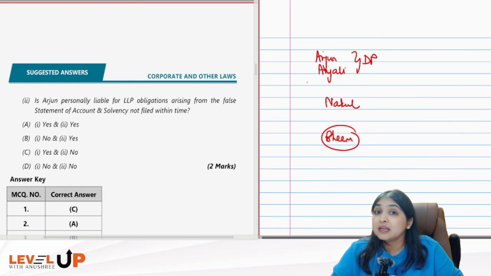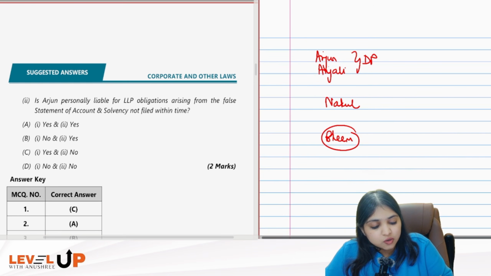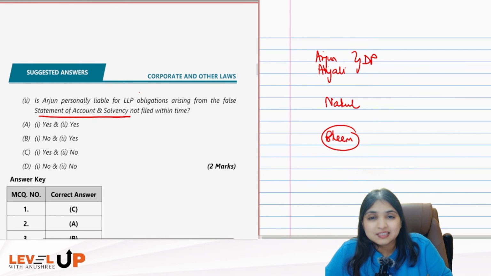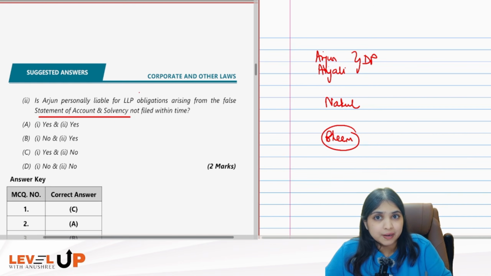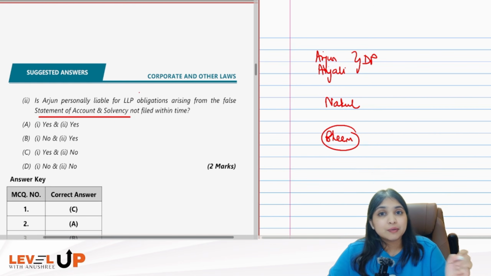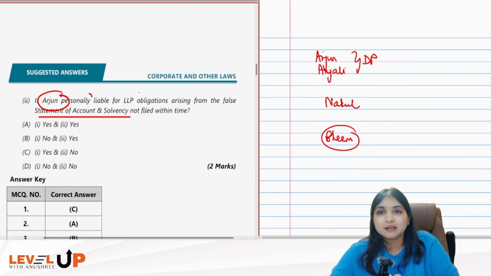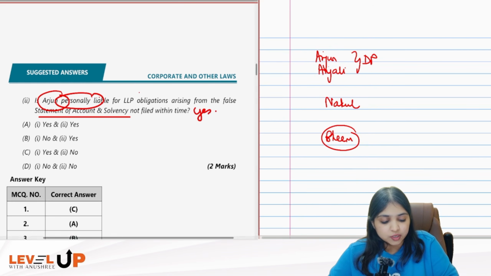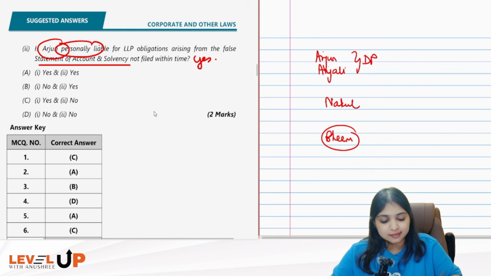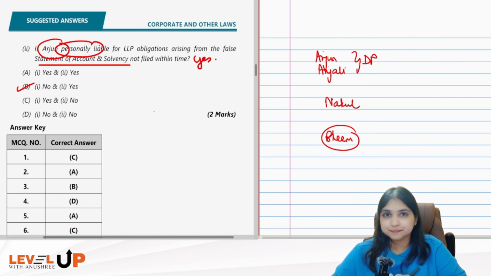In designated partners' liability, you must have learned that they are the ones responsible for legal compliance by the LLP. So if the LLP does not properly file the statement of accounts and solvency, there is a non-compliance. For that, whatever punishment is imposed, the designated partner will become personally liable. So yes. So no and yes, option B.